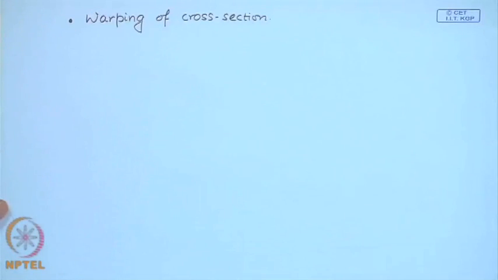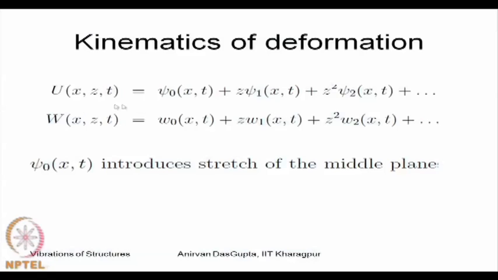To do that, here you can see the kinematics of deformation can be written out in this way, where capital U is the deflection in the axial direction. It is being represented in terms of these functions psi 0, psi 1, psi 2 etcetera, and expanded in terms of this variable z, which is the location of this fiber from the neutral axis.